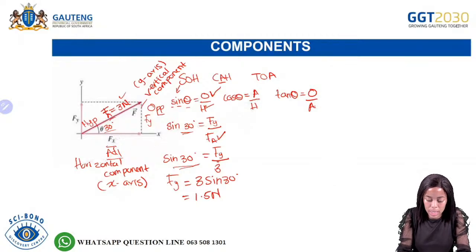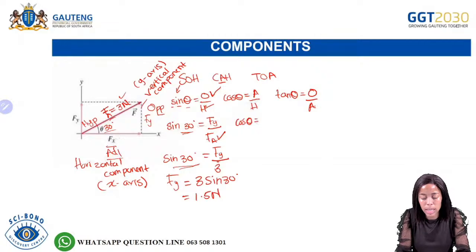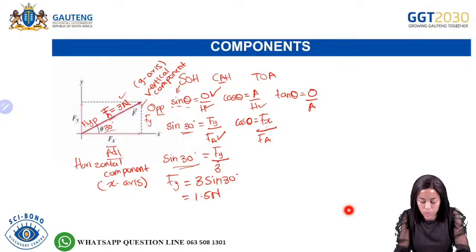So cos theta is equal to the adjacent, which is represented by Fx, and the hypotenuse, which is represented by Fa. So we have cos 30 degrees is equal to Fx, because it's the unknown, divided by Fa, which is represented by the 3 Newton.